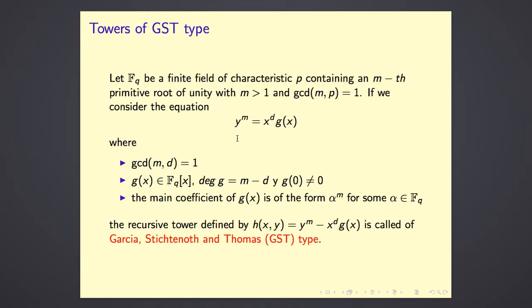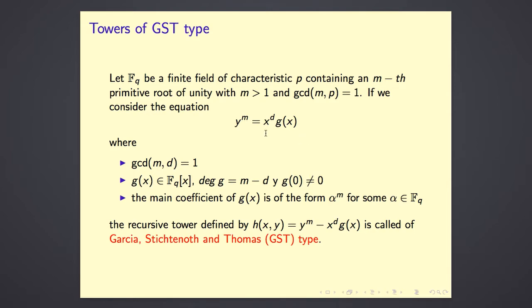In particular, when the polynomial is of the form y^m equal to some polynomial in x, and m is coprime to the characteristic of the finite field, we are in the presence of a Kummer type tower.